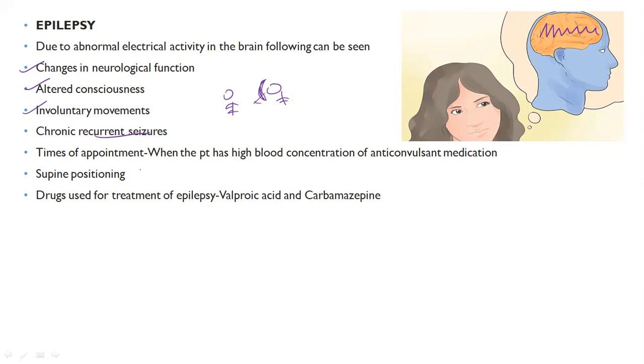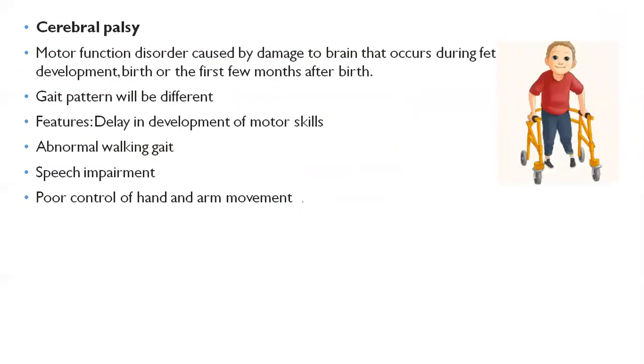You treat these patients when they have a high concentration of anticonvulsant medication in their blood, because then they'll be more calm. That is the point where you have to do your dental treatments. The chair position is the supine chair position, and drugs used for the treatment of epilepsy are valproic acid and carbamazepine. Cerebral palsy is a motor function disorder caused by damage to the brain that occurs during fetal development, birth, or the first few months after birth.